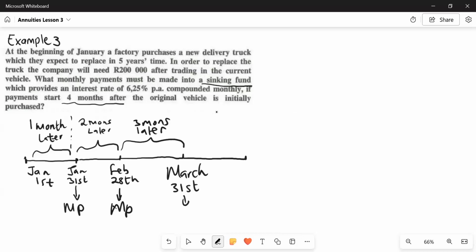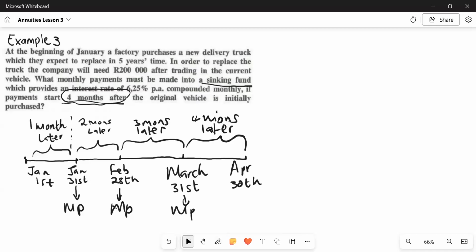They missed a payment again. So we're just analyzing this here. So 4 months later, which is April 30th, they've started making the payment. That's when they started making the payment. And then it continues like that, right?